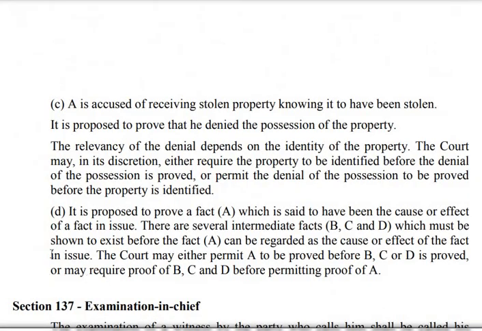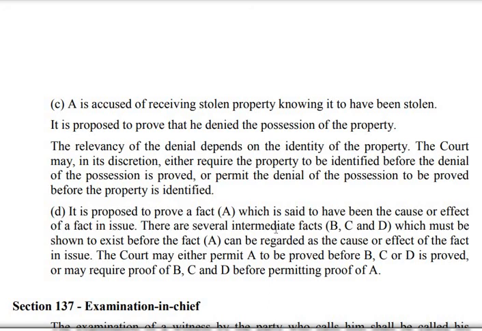Now let's see the illustration D. वो भी इसी से रिलेटेड लेकिन ABCD करके लिखा है. It is proposed to prove a fact A which is said to have been the cause or effect of fact in issue.